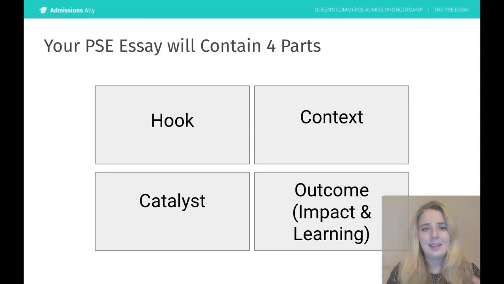The next is the catalyst. The catalyst is going to focus on what you personally did and what was the action that motivated this change. If you saw a club going one way, say they did this same event every single year, what was it about this process that made you realize, I really should be doing something different?